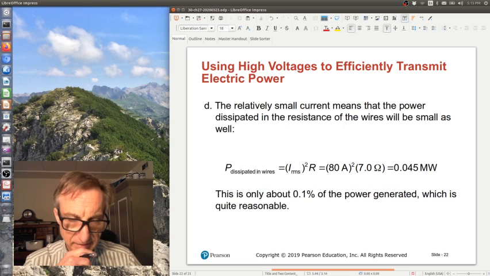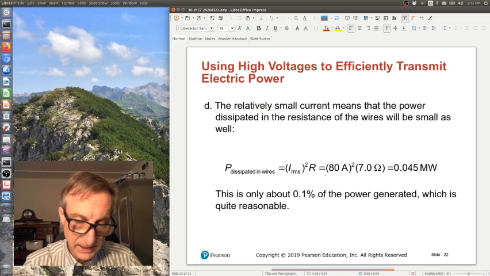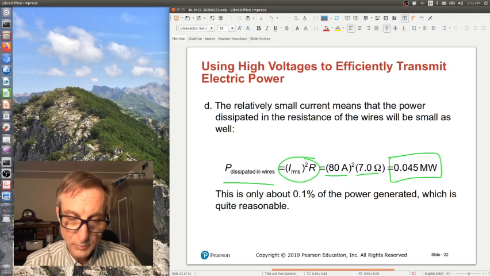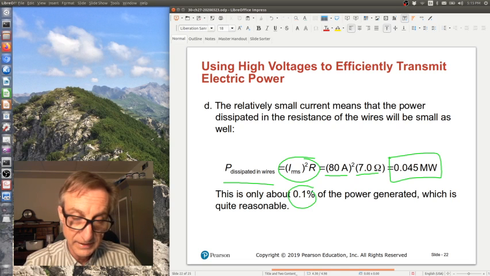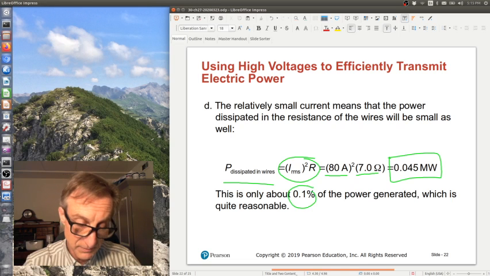So let's calculate that power dissipated. This current is much smaller. When you take 80 squared and multiply it by 7 ohms to find the power loss dissipated in the wires, we end up with 0.045 megawatts. That's only about 0.1% of the power generated, which is much more reasonable.